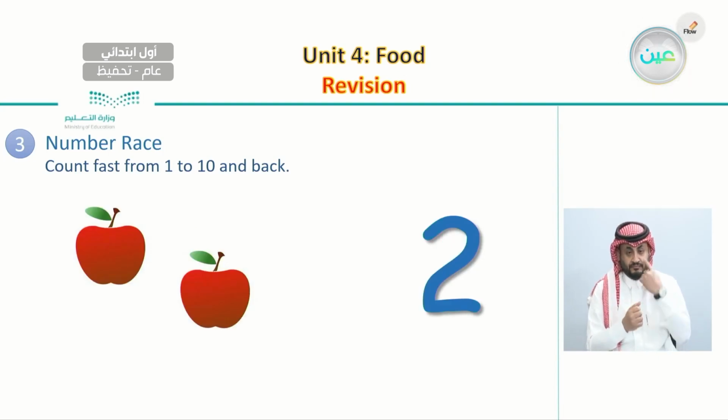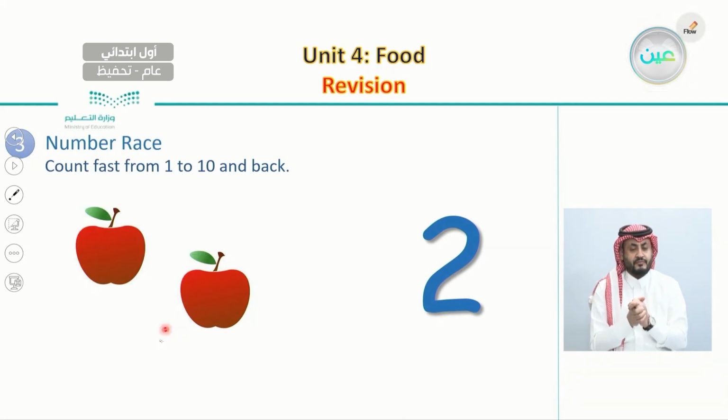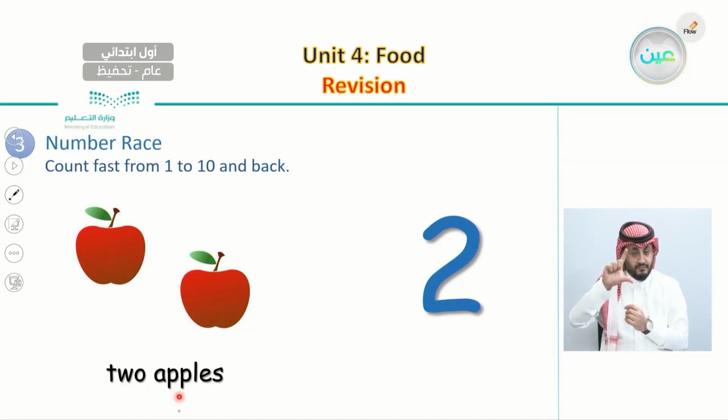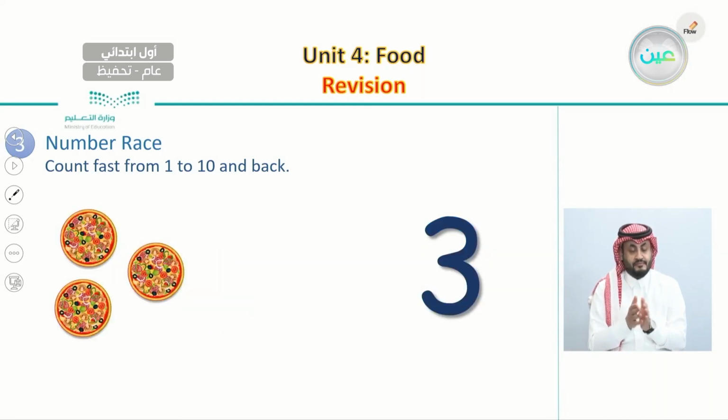Here we have apples and the number 2. What would we say in this case? We have number 2 and we have apples. So these are 2 apples. Say with me, 2 apples. Very good. Here we have number 3 and pizzas.